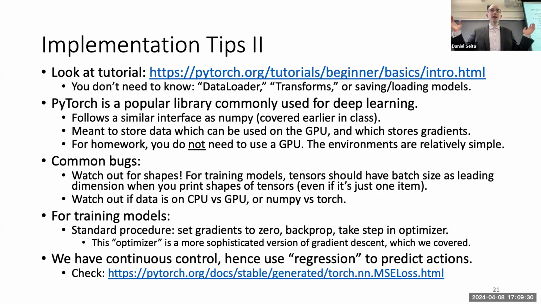I think we defaulted to 100 in the homework, but that's for training. At test time, you'll only see one data point at a time, which means the mini batch size has to be 1. But then when you print the shape, it must say 1 comma whatever the dimension is. So 1 is the mini batch size. That's a very important point and a very common source of mistakes.